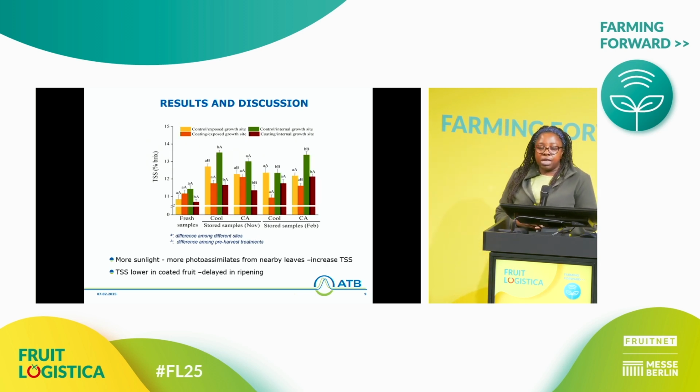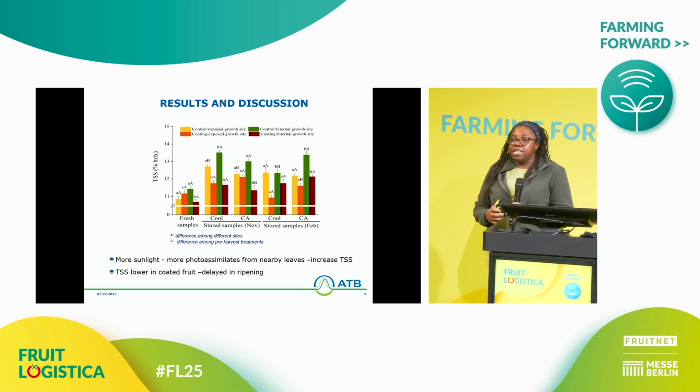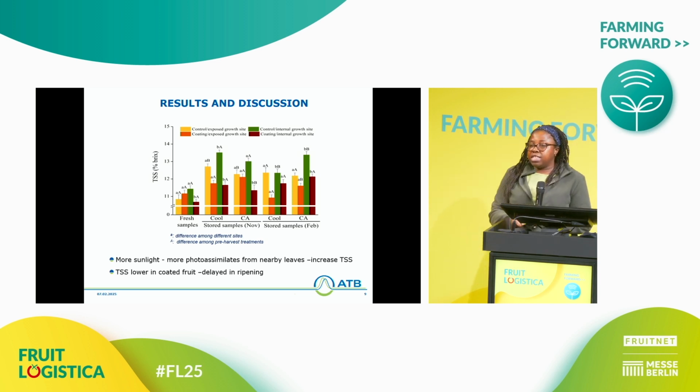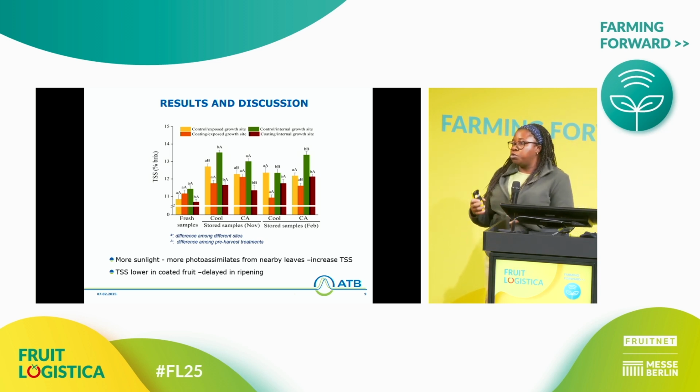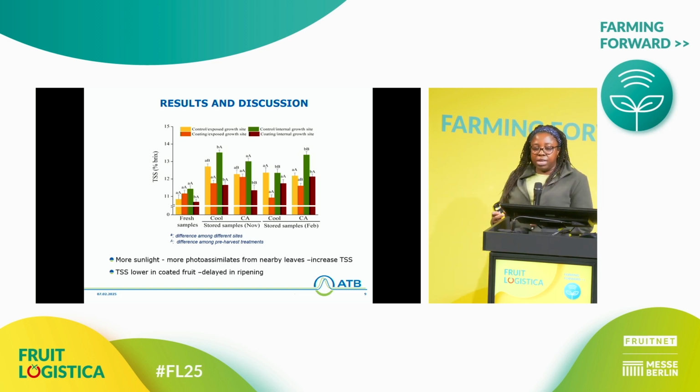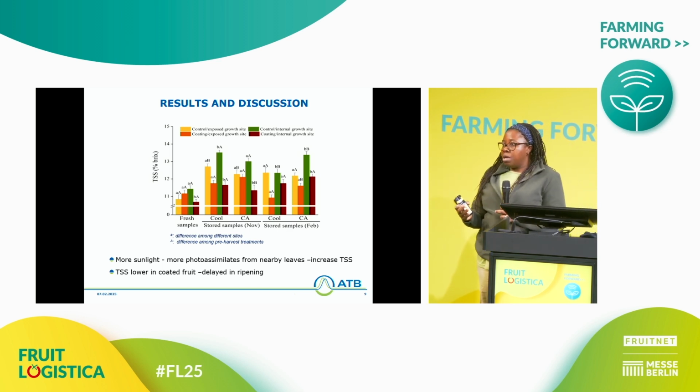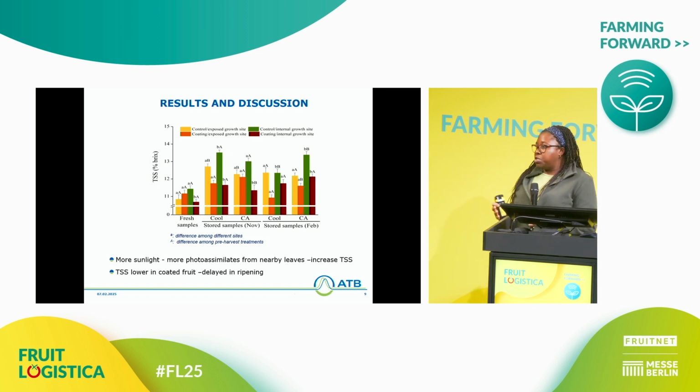Here is the total soluble solids. Basically, this is one of the parameters that I use to measure the quantity of sugar in the fruit. Here also, the amount of total soluble solids in exposed fruit was expected to be higher compared to shaded fruit. But that wasn't the case in this study because the results were very inconsistent.